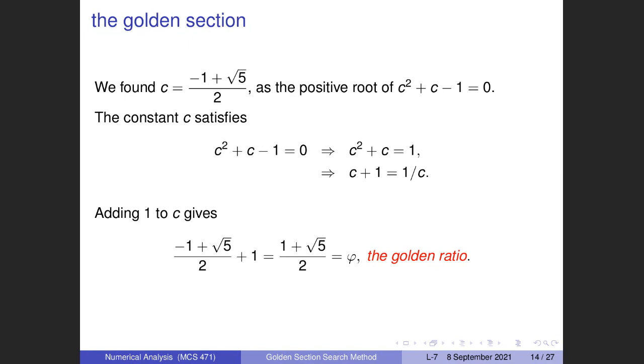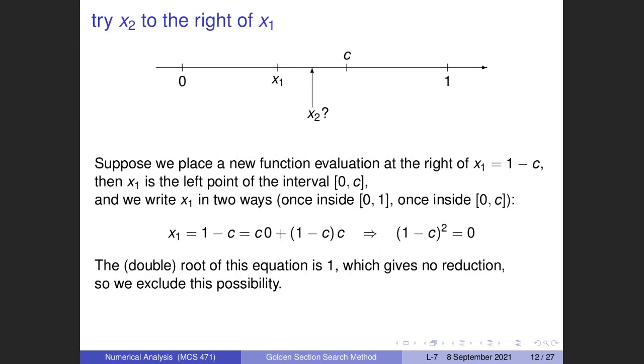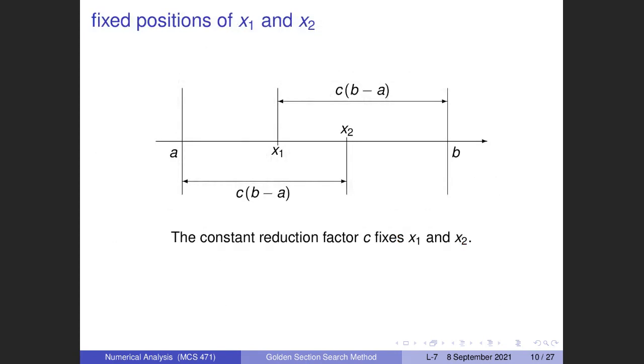So that is the mathematics. Recapping, perhaps I should scroll back. The picture that you have to keep in mind is this picture. We have an interval AB, and each time we compute a new function evaluation, the invariant in our loop will be that the points x1 and x2 lie at fixed distances from the left and from the right bound.